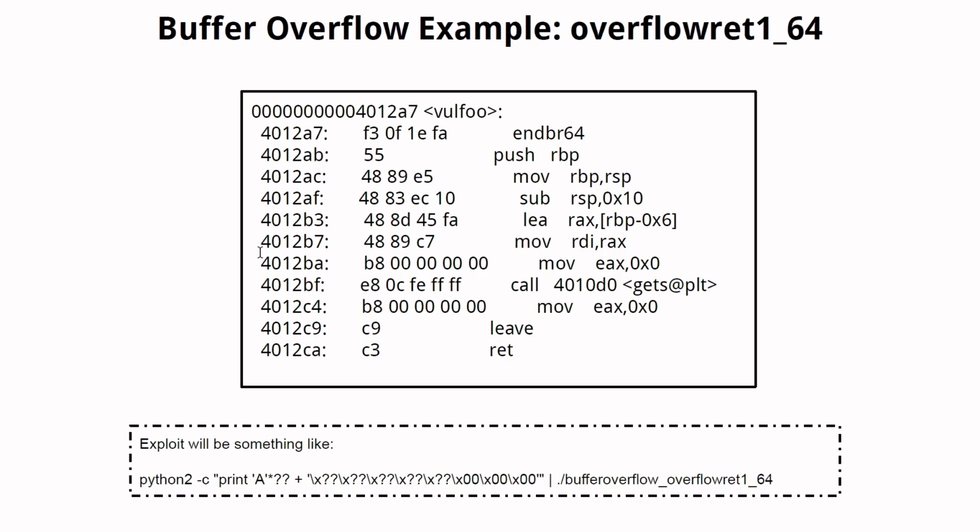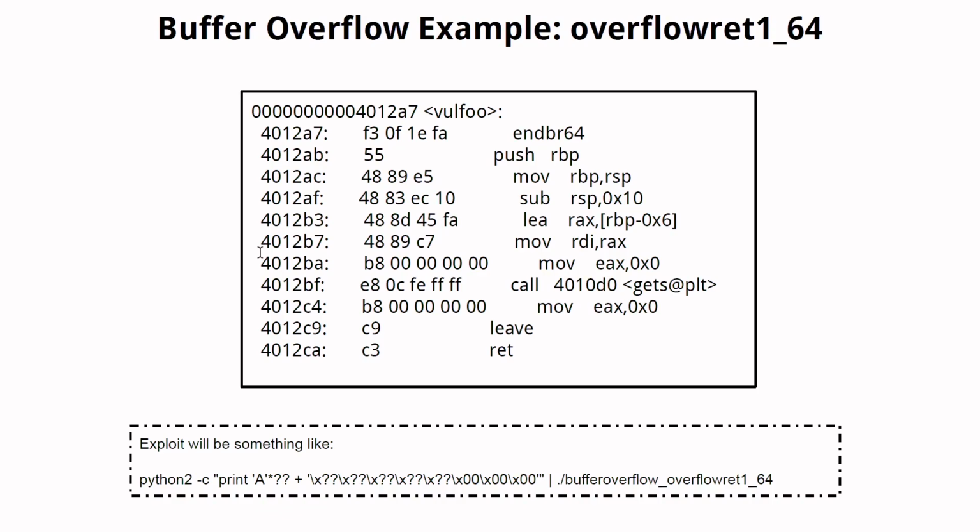So for the 64-bit version, if you remember the calling convention we talked about a week ago, or maybe the first class, we put parameters in the registers first. The first parameter is placed in the register RDI.